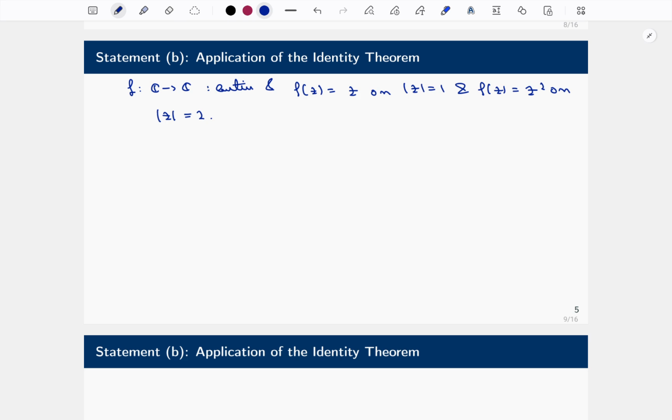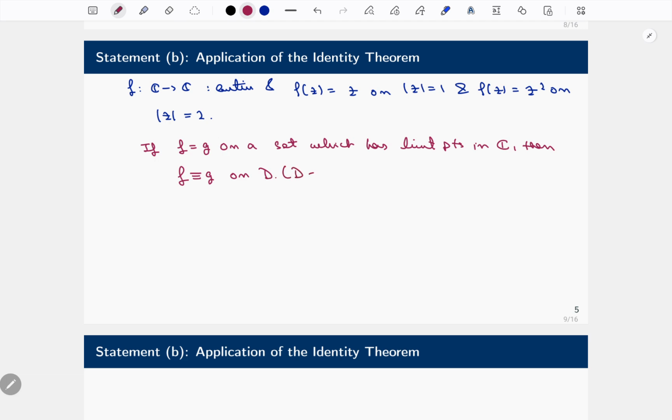So let us just go to it. The identity theorem basically says, let me use it in a very layman tone, if f equals g on a set which has limit points in C, then f is identically equal to g on D, where D is the whole domain.